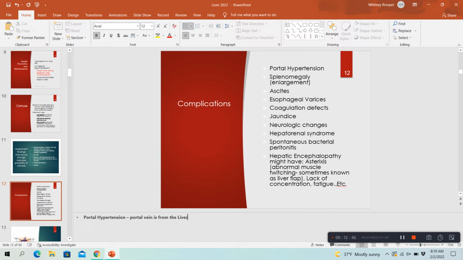Dark skinned people, you may have to look at the palms of their hands more, and the soles of their feet can be yellow also. Neurological changes. These people will have neurological changes due to the increase in ammonia that they are holding in their body. They can almost become comatose. Very hard to wake up.